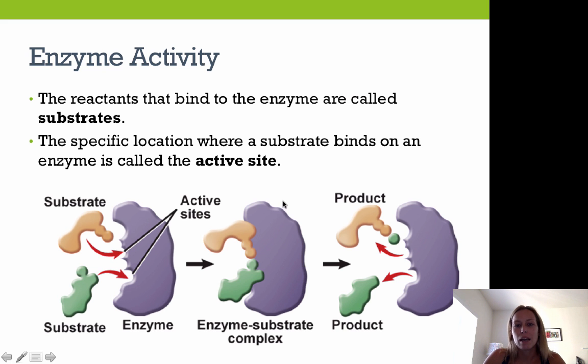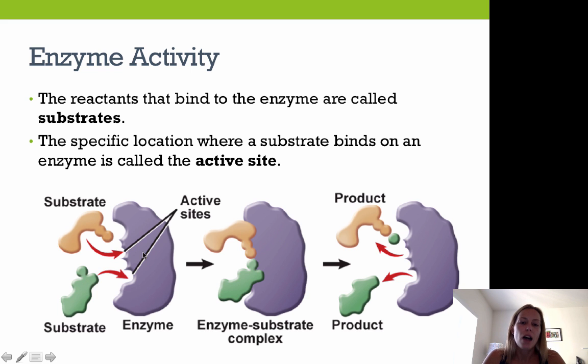So how do enzymes work? The reactants that bind to an enzyme are called substrates. So if you hear the term substrate, also know that we can replace that word substrate with the word reactant.